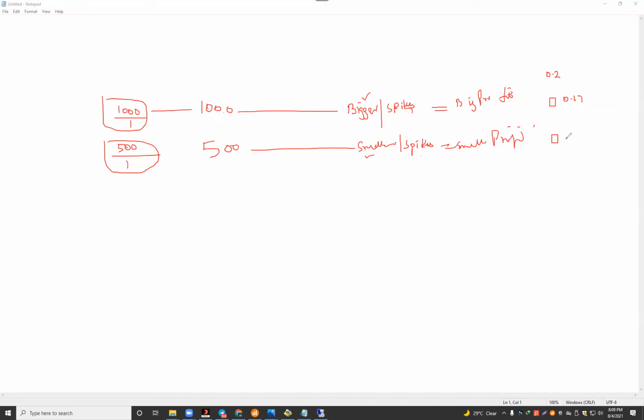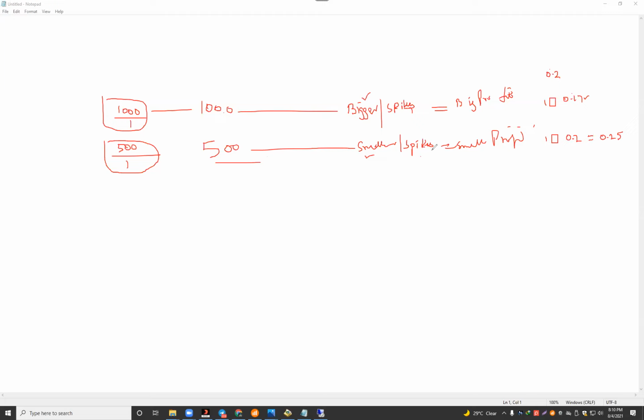For this one-minute candle, if it goes against you, on the 0.2 lot, it will charge 0.17 from your account. On the 500, if 1 minute goes against you on the 0.2 lot, then it will charge 0.25.